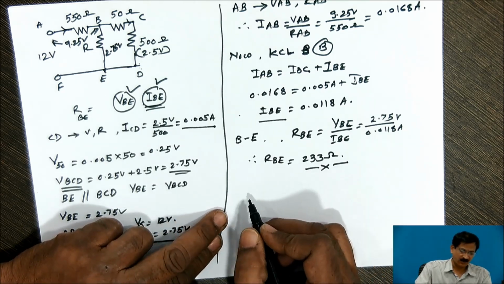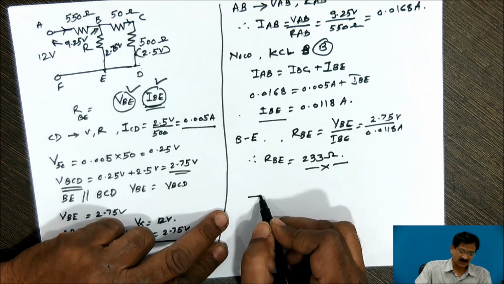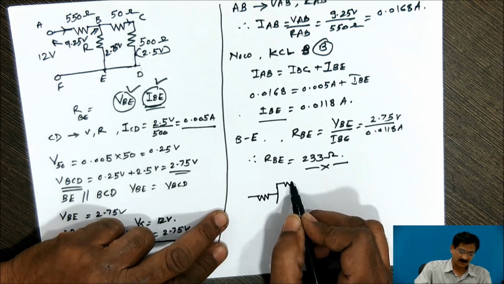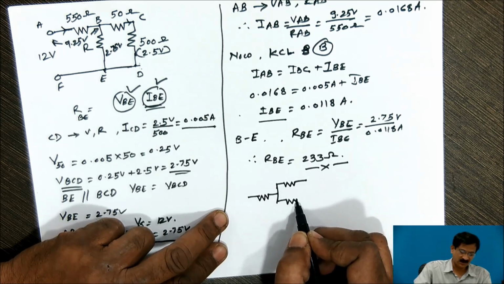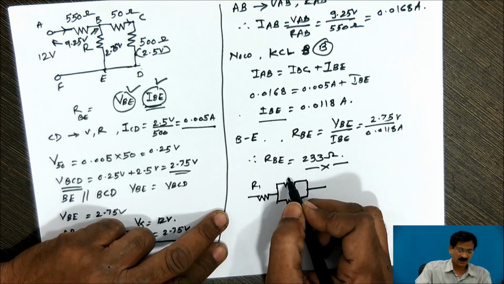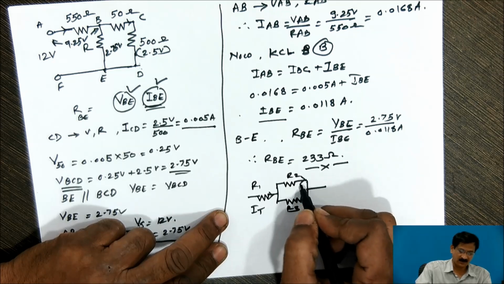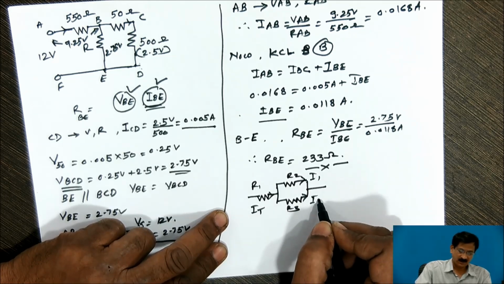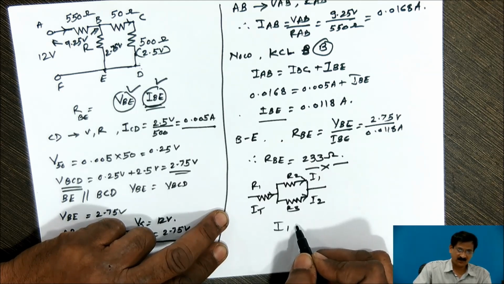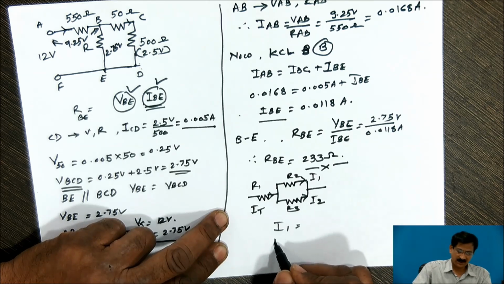Now one more simple example I want to take is this one more circuit, with two resistances in parallel. So this is R1, R2 and R3. With the help of the current division rule, we can find out I2. Now if it is required to find out I1, you must know IT.